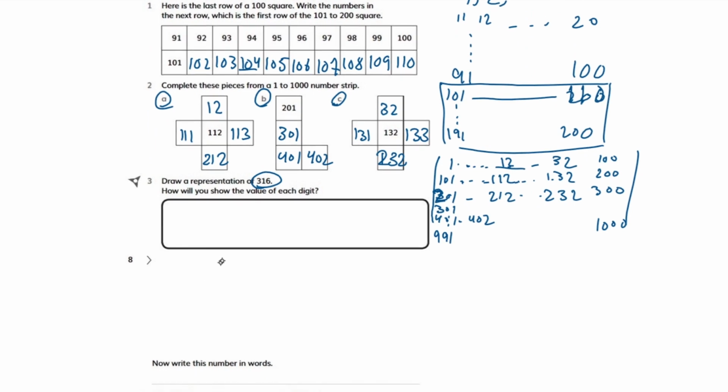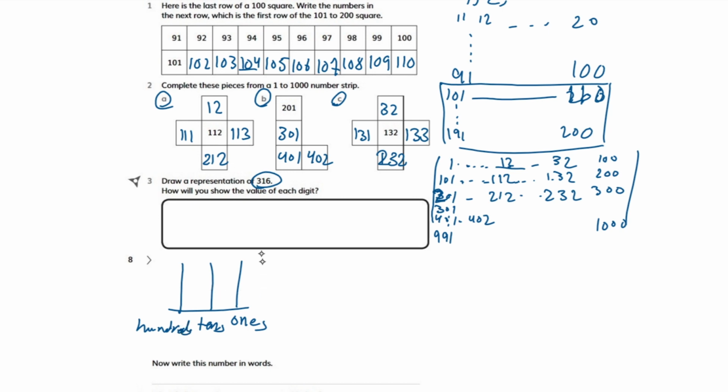I will draw the representation of 316 using an abacus. So on the abacus, we have the hundreds bar, the tens bar, and the ones bar. This is ones, this is tens, and this is hundreds.